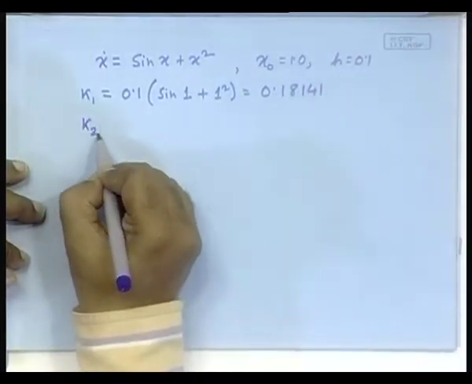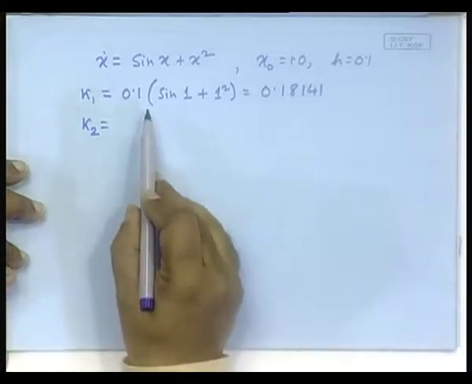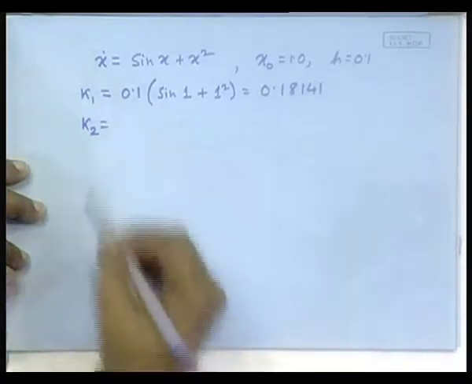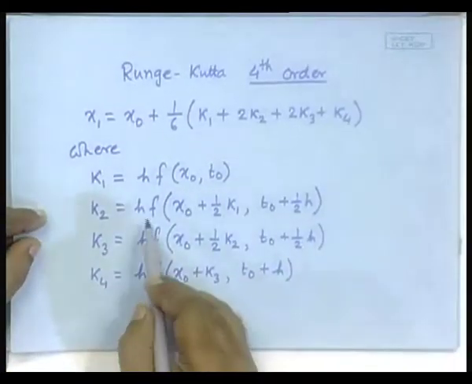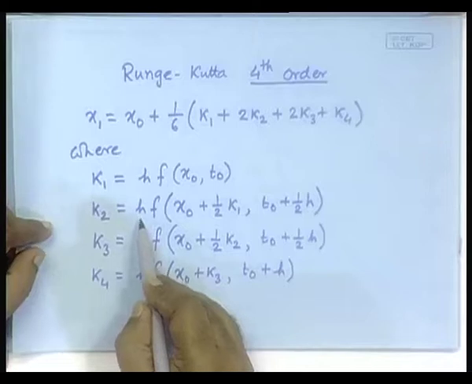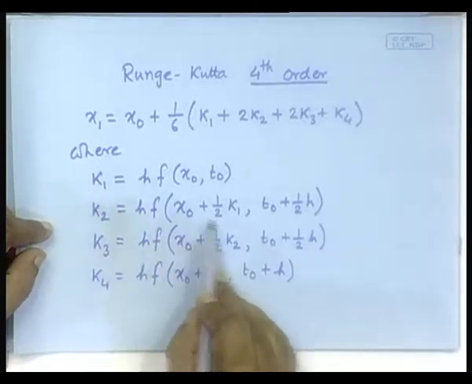Then your K2 will be 0.1 h f of x naught plus half k1.